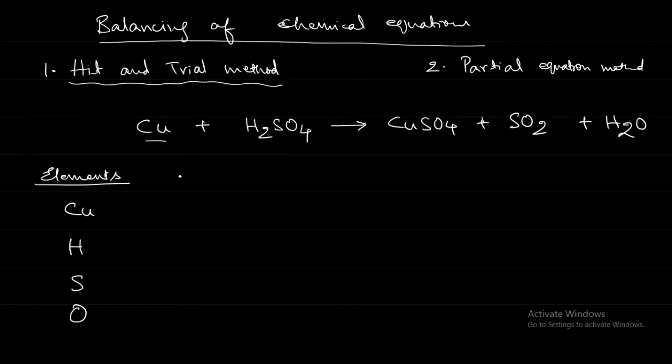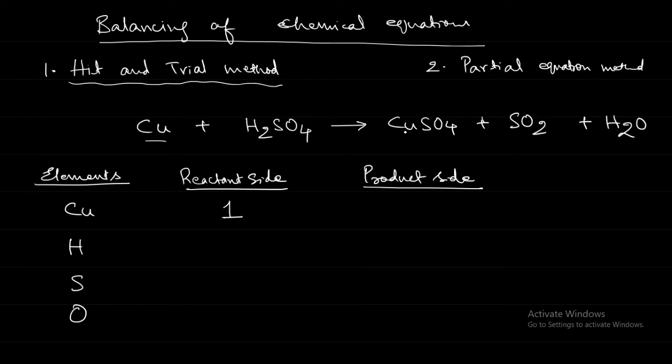So on the reactant side, how many atoms are there, and on the product side how many atoms are there, we will write. Copper: first, on the reactant side how many copper atoms are there? One copper atom.